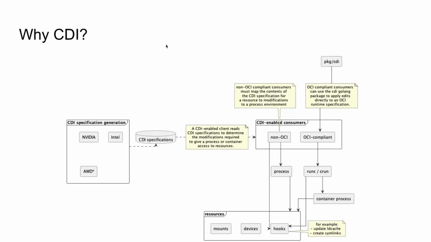There, draw. Okay, cool. So we as NVIDIA would generate the spec here and store it in some well-known location. So standardized locations, /etc/CDI for example, based on the state of the system at spec generation currently. And then once that's done, that's done. There's no need to regenerate those specs if the system configuration doesn't change, right?